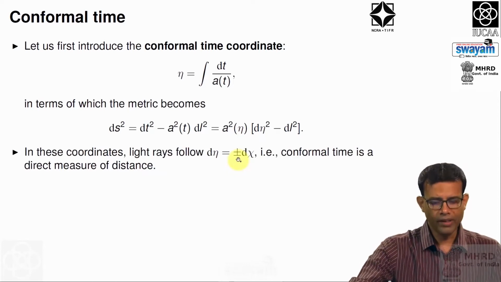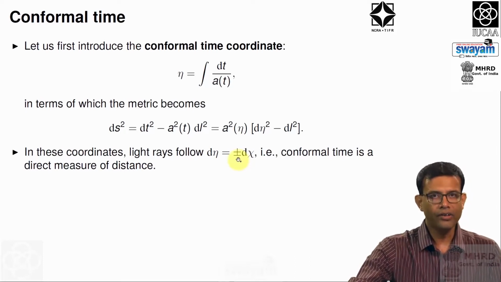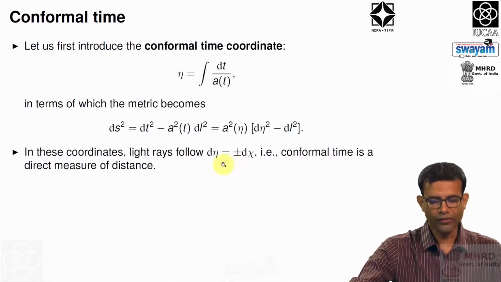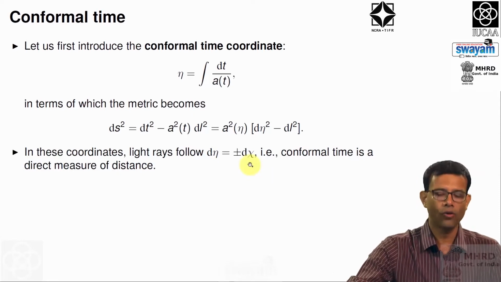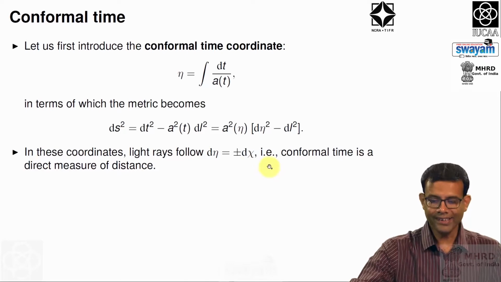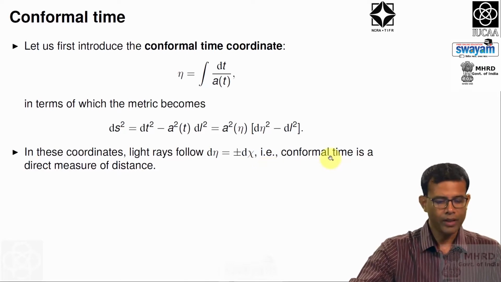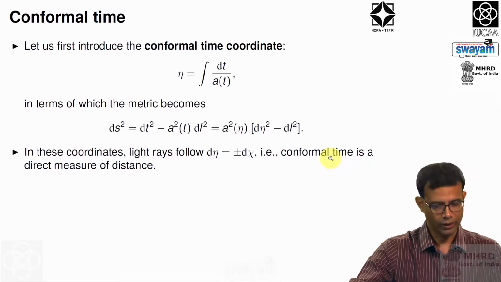Many things simplify in this metric. For example, in this case the radial light rays will follow the trajectory given by d eta equal to plus or minus d chi, where remember chi was the radial coordinate which we have been working with so far. So, in this sense the conformal time is a direct measure of radial distance to an object, a galaxy or whatever you can think of.